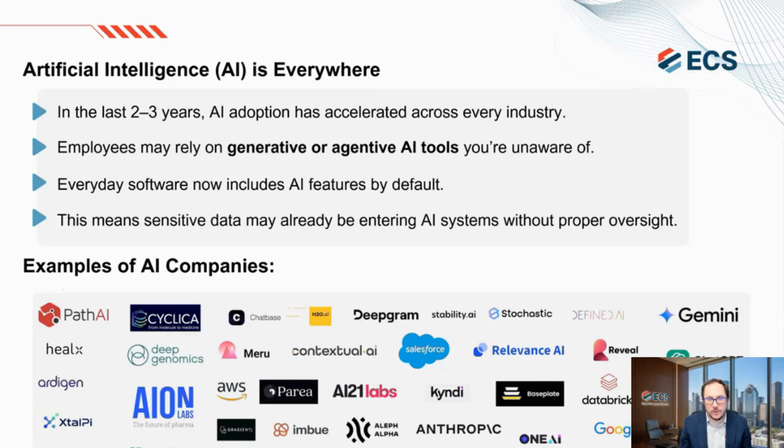Another example of a recent experience I had is talking to a company where a junior developer within the organization came to the management and said, we just wrote an inventory system using AI. Can we implement it in production?